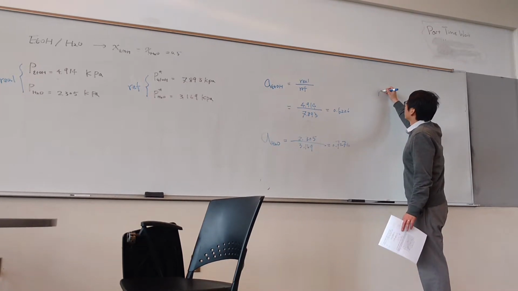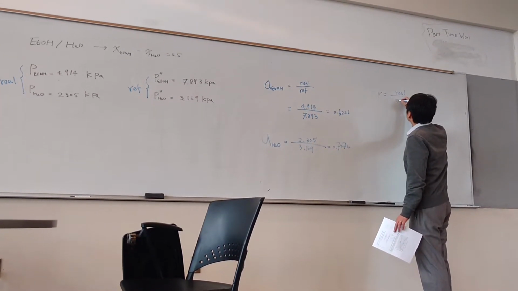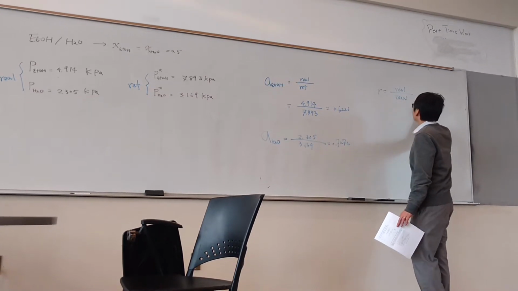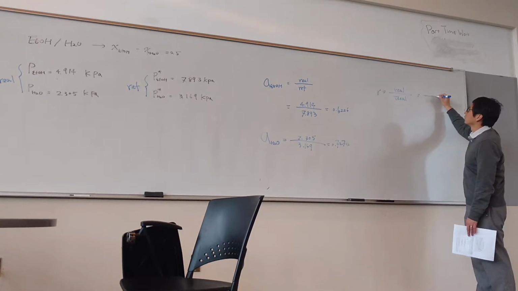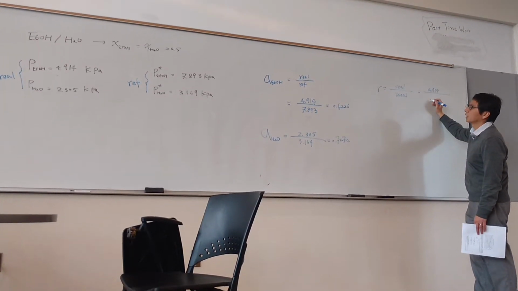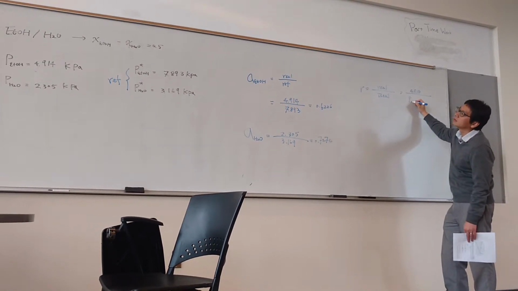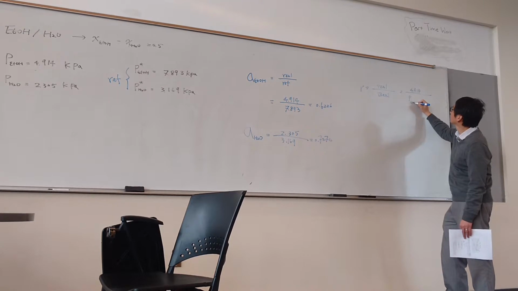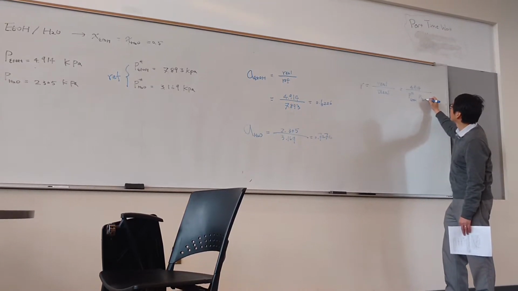So if you want to calculate gamma, it is the real versus ideal. In this case it will be the vapor pressure of the ideal solution, right? So your real will still be 4.914, and your ideal will be P ethanol star times your X ethanol.